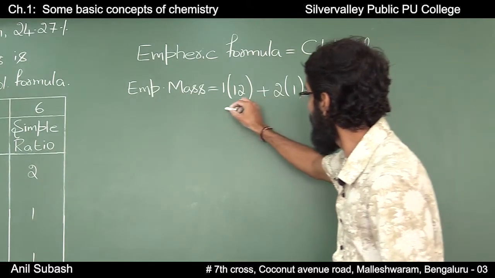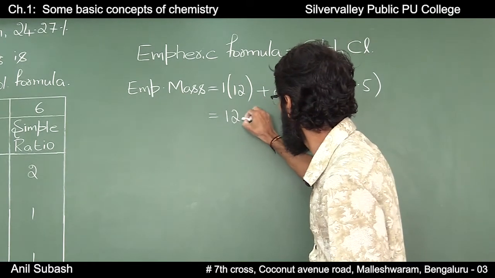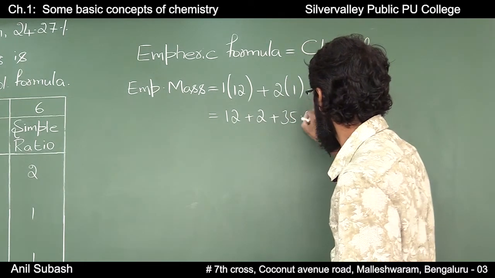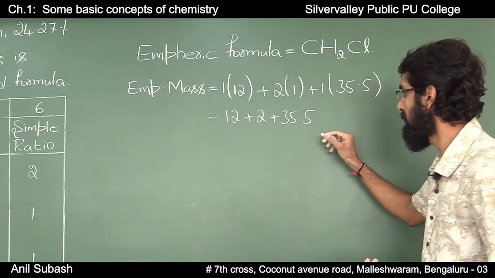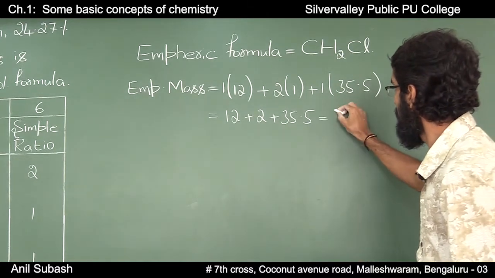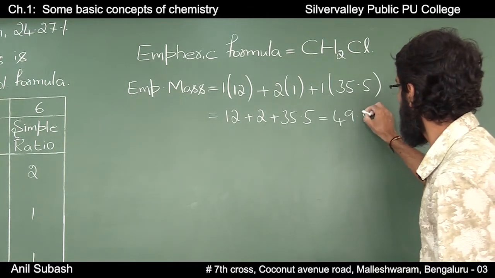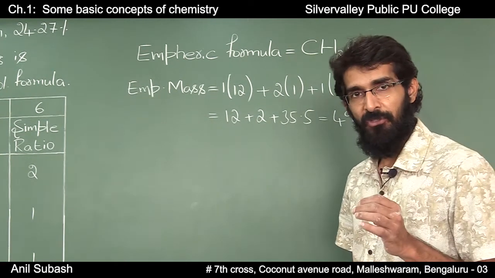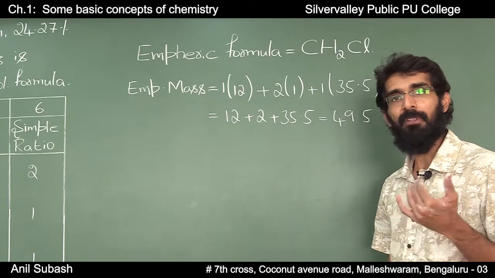That comes out to be 12 plus 2 plus 35.5, that is 49.5.